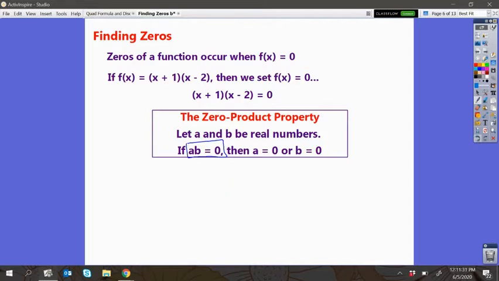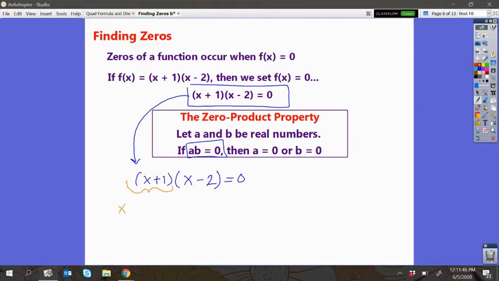So that means if I look at our factored form here, I'm multiplying two things together. I'm multiplying x plus 1 and x minus 2, and it has to equal 0. So that means either x plus 1 is equal to 0 or x minus 2 is equal to 0.